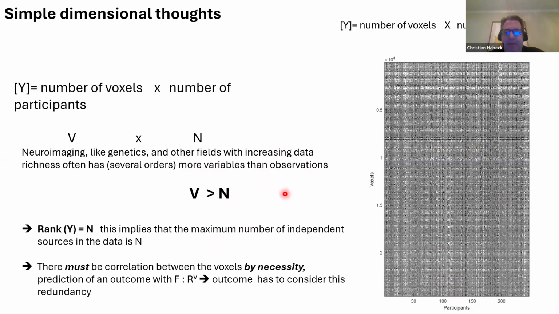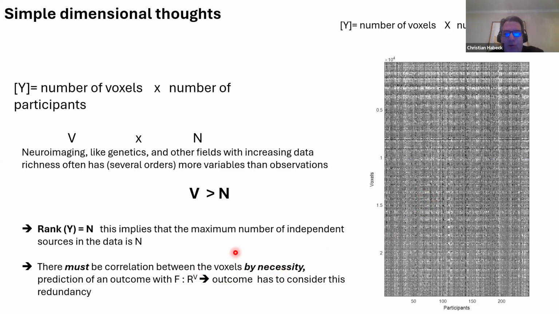That's dumb dimensional analysis. And particularly if you're interested in predicting an outcome, imagine you want to predict from this high dimensional space, let's call this R^V, where V is the number of voxels. If you want to predict an outcome, then it's probably judicious to consider the correlation between all these voxels.